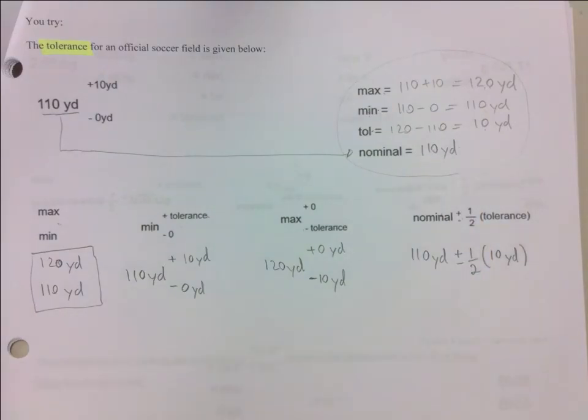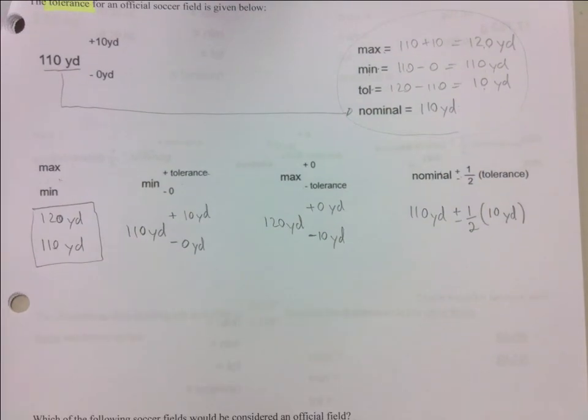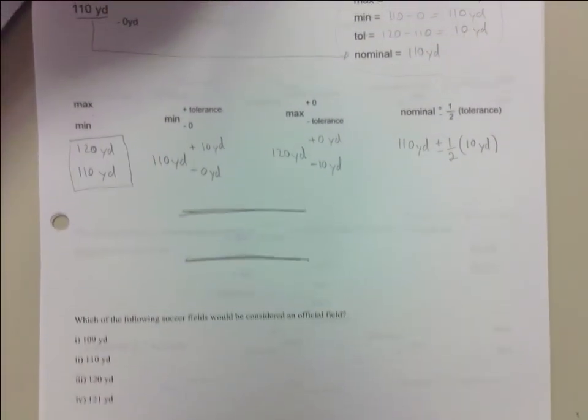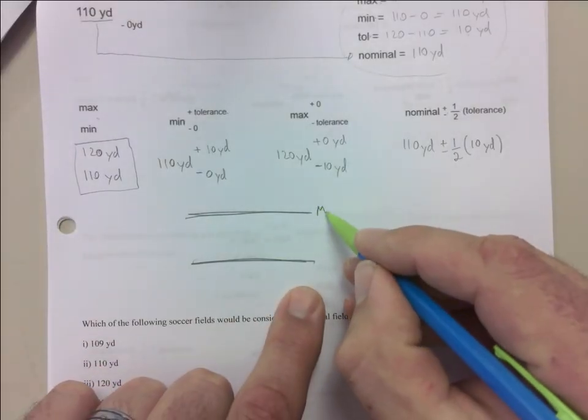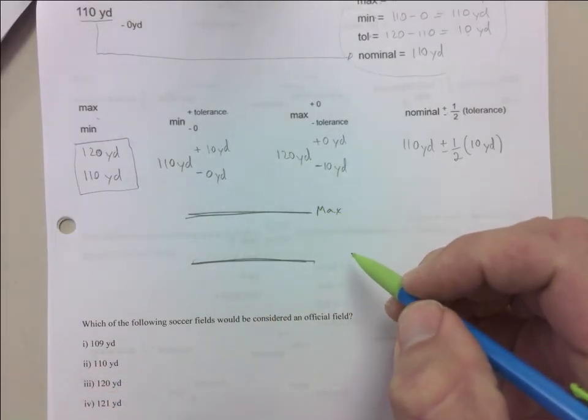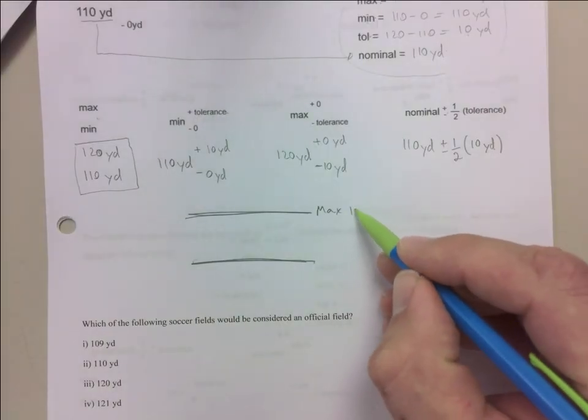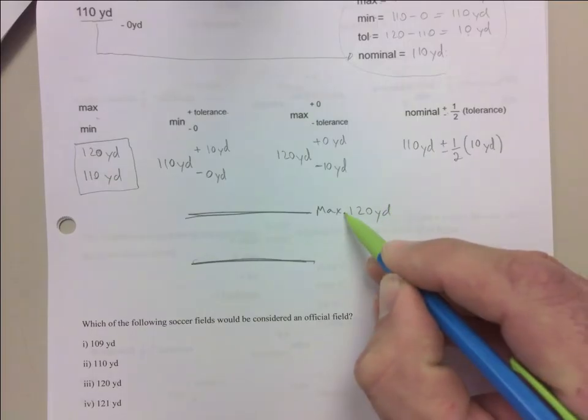All right. What about all of these, what are they telling us? Write this down. If you think about it in these terms, it tells us that the maximum allowed distance for the soccer field, like how long it is, is 120 yards.